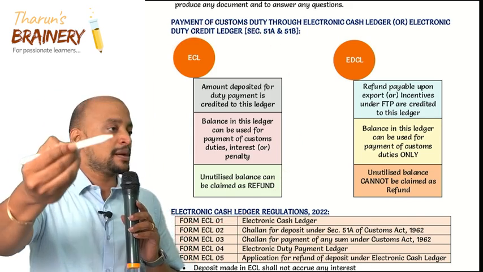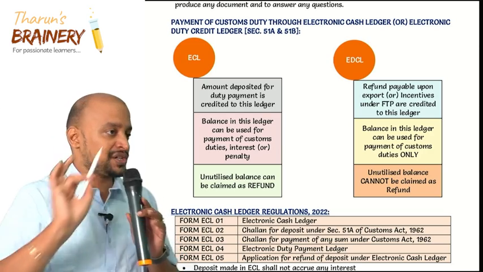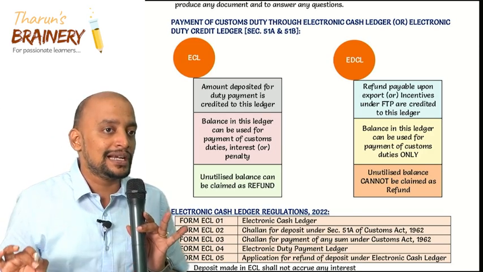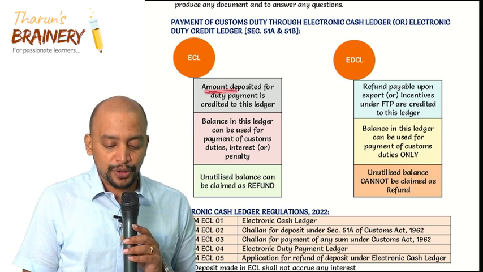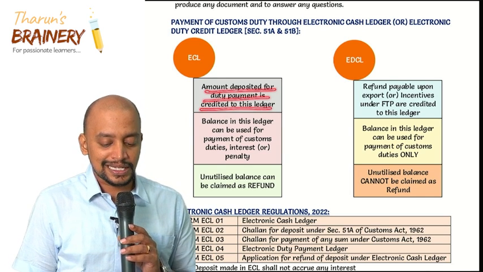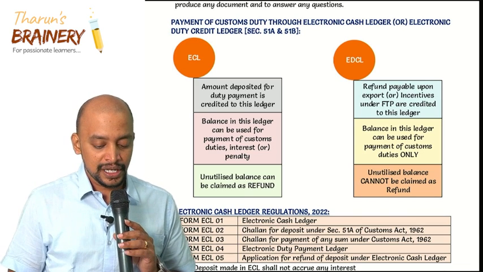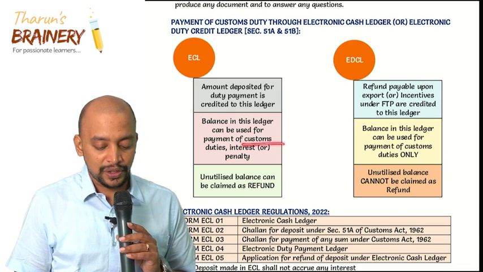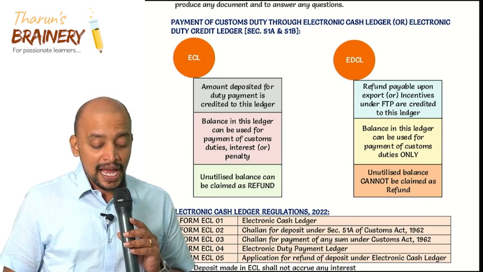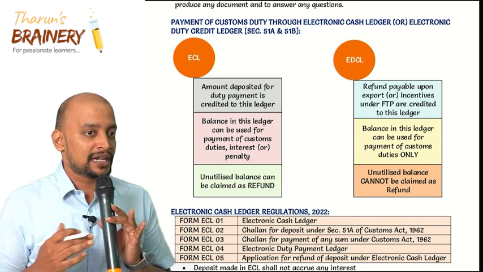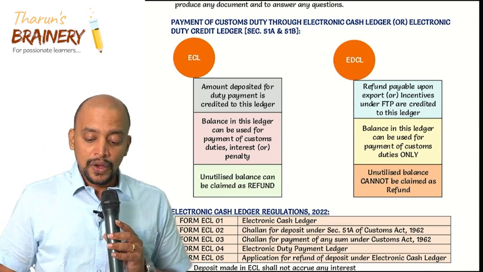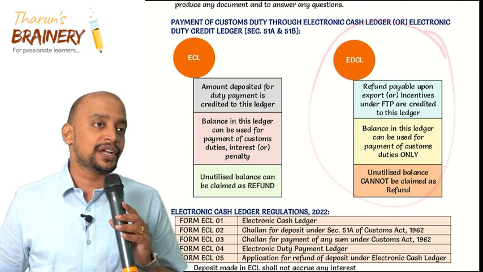The moment the bill is approved, we will make a debit from the cash ledger so that you will not have any interest burden. The amount deposited for duty payment is credited to this ledger, and whatever balance is there in this ledger can be used for payment of duty, interest, penalty, and the unutilized balance, if any, you can get as a refund.